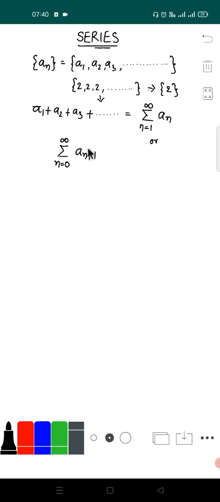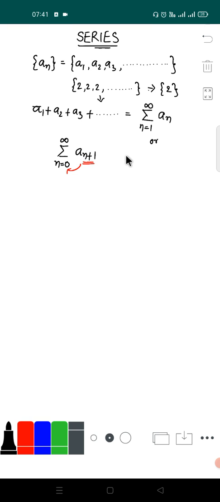So our series is starting with a1. So these two are the same, and you can change this variant. According to that, the initial term of the sequence will change.